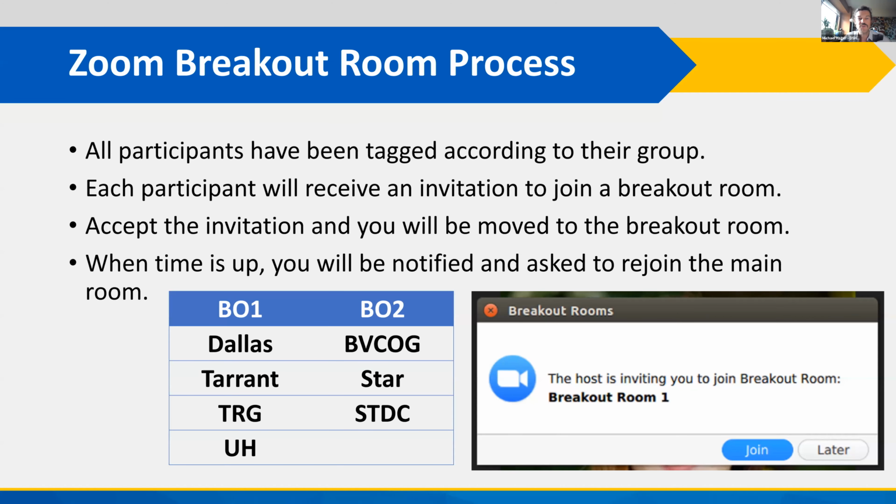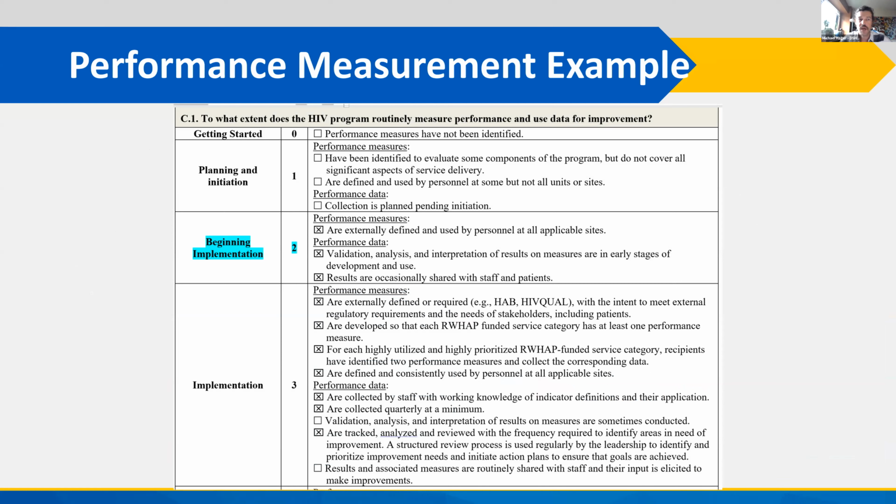So we were going to do a breakout, and because we only have about 5 minutes left, what I'd like to do is just to quickly look at an example. This example we were most comfortable with.